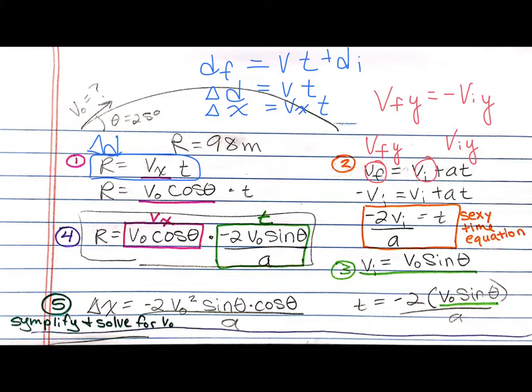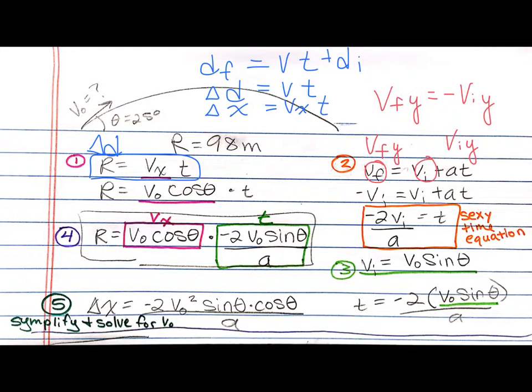So plug that in. Then I need to reduce and solve for V naught. So I'm going to take my negative 2, still going out in the front. Then V naught has to be squared because I have a V naught here multiplied by V naught again. Then sine theta times cosine theta, still divided by A.